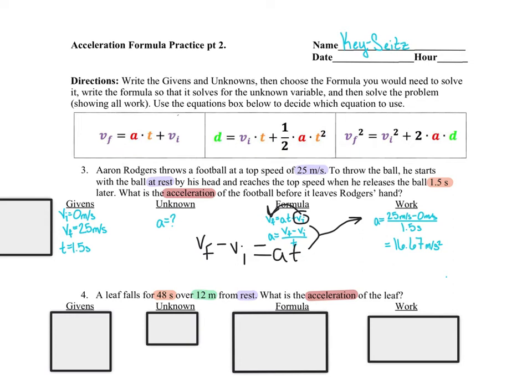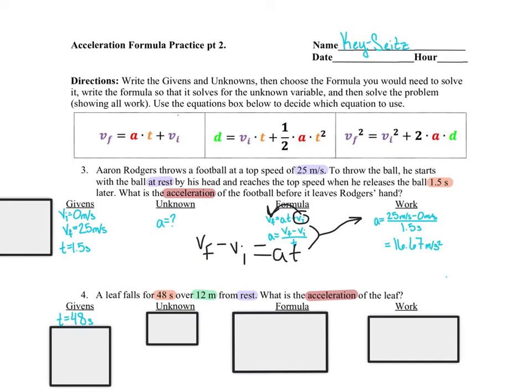Okay, and the last one, number 4. If a leaf falls for 48 seconds over 12 meters from rest, what is the acceleration of the leaf? Okay, so it's falling for 48 seconds. Well, that's a time. Again, look at that unit of seconds. It says over 12 meters.